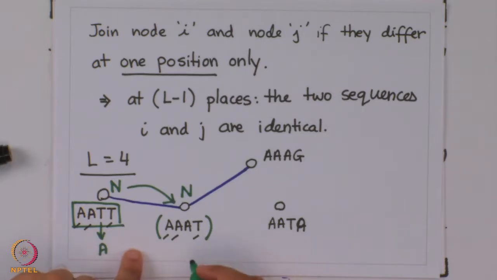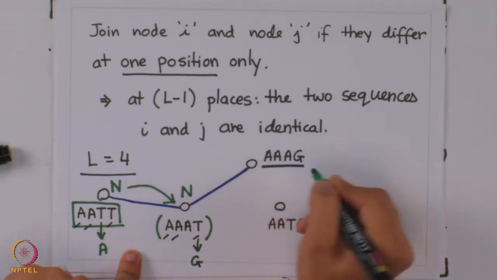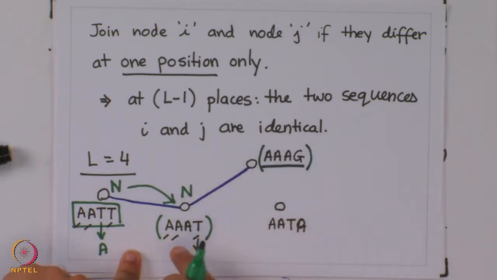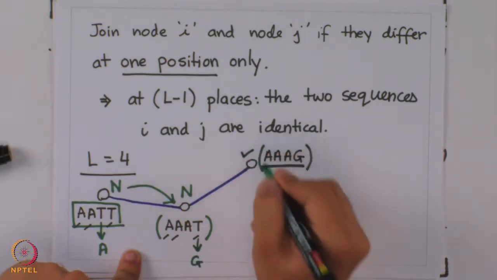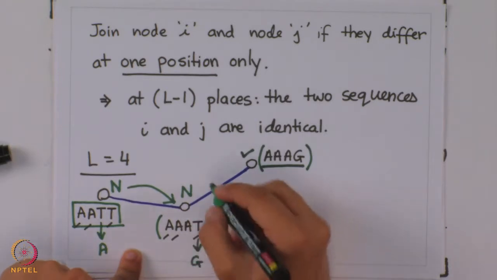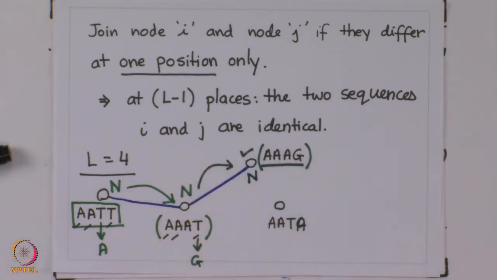But what happens if now this T changes to a G? Now what that means is we have a mutant of this genotype, and if this genotype grows faster than this genotype, then the mutant which has come at this place is going to be able to outcompete everybody here, and then the entire population moves towards this node.